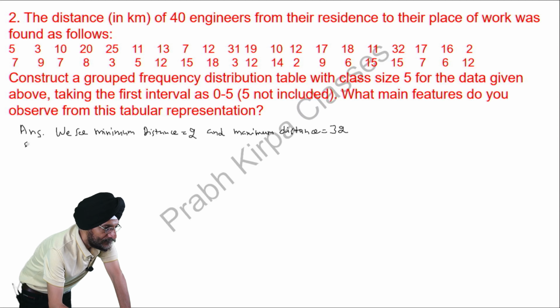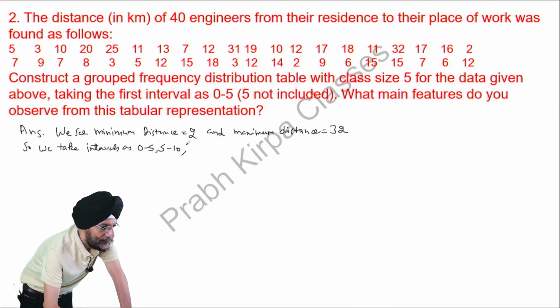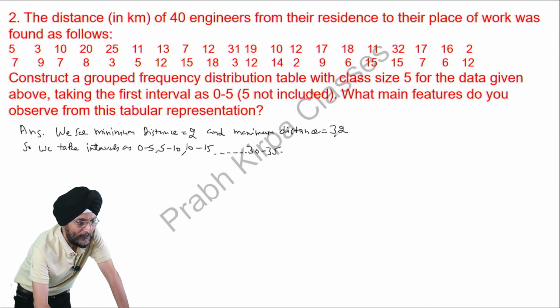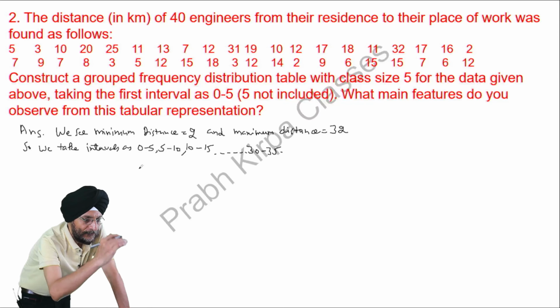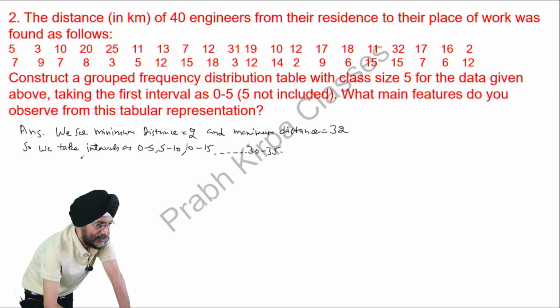So we take intervals as 0 to 5, 5 to 10, 10 to 15 and so on, and up to 30 to 35, because we also have to cover the distance of 32 in the distribution table. So here we form the grouped frequency distribution table.